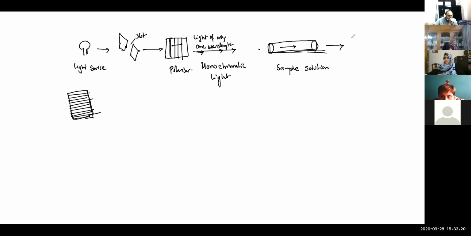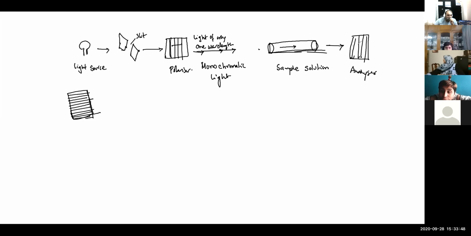it then again moves through and passes through the analyzer. This was a polarizer which was fixed, and this is the analyzer, which is a rotatable polaroid.